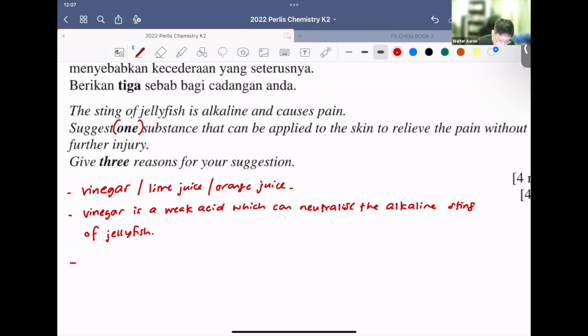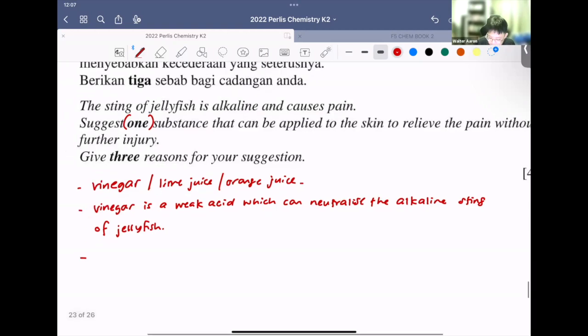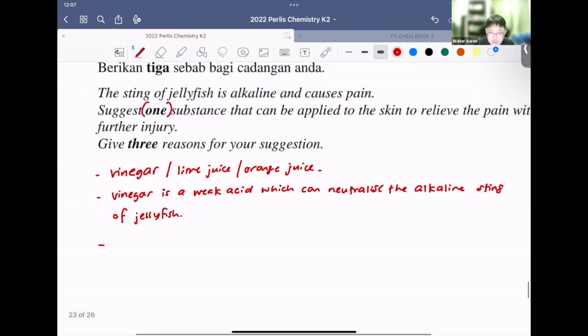And then another one, you can also explain how does it work. I think in this explain that because it is a weak acid, it doesn't actually corrode the skin or injure your skin.